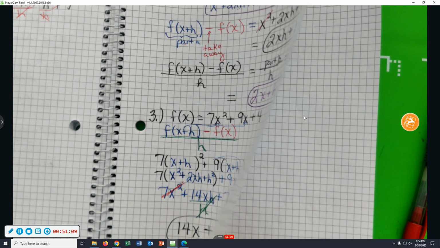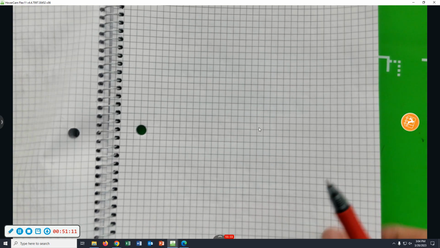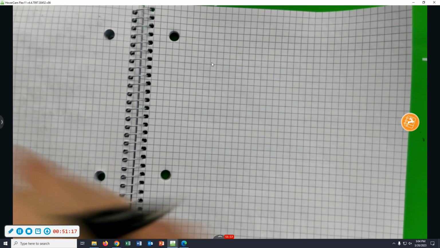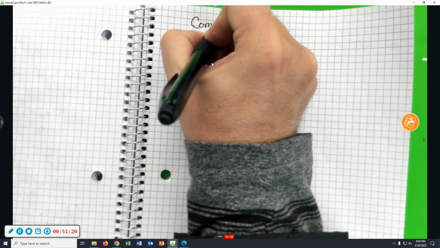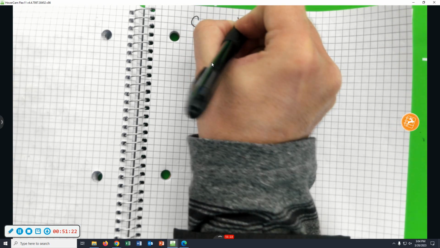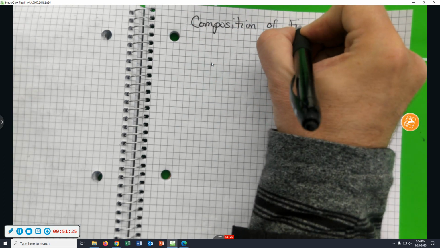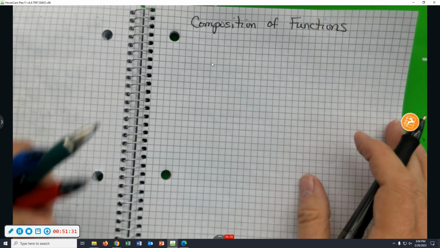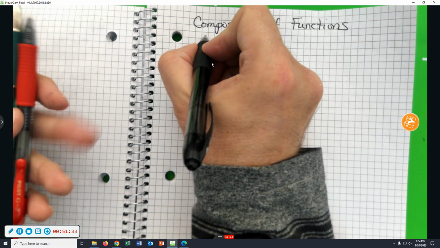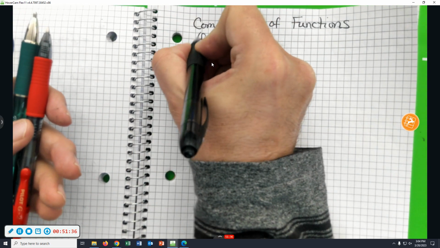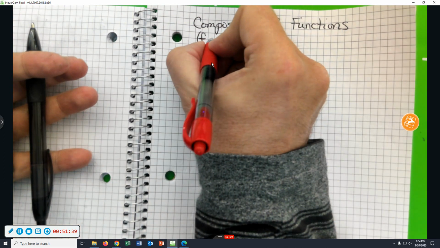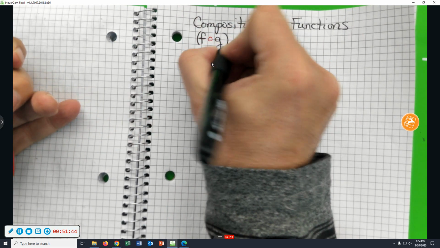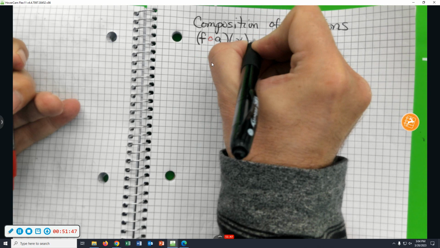Now we're going to start the third part of the assignment, composition of functions. That is the new operation. We already have addition, subtraction, multiplication, and division, and those have good symbols: a plus for addition, a dash for subtraction, nothing or a little x for multiplication, and a fraction bar for division.